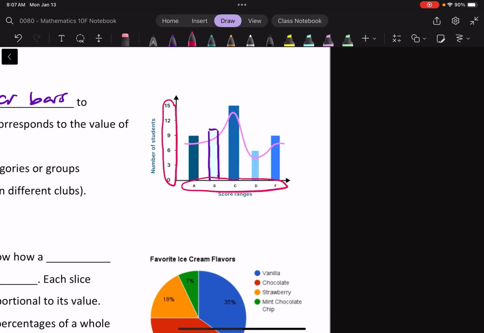Okay. Now, the height of the bars tells me how many students. There'd be 9 students who got an A. There'd be likely 10 students who got a B. It looks like 15 students got a C, and 6 students got a D. And again, it looks like 9 students got an F. So I can use the height of each rectangular bar to tell me about how many people or items belong in each category.